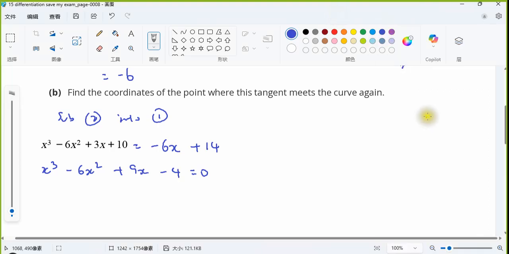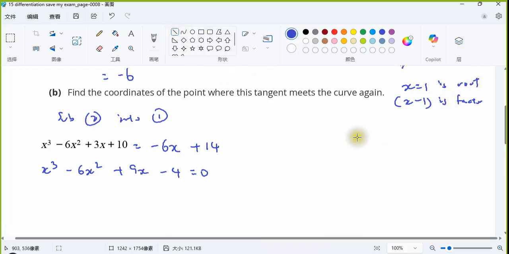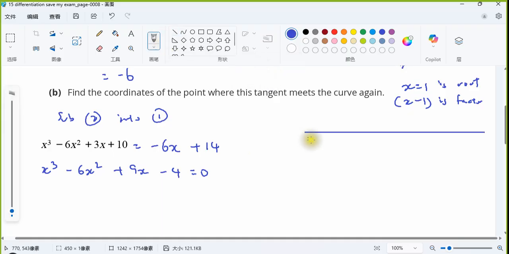So x equals 1, x minus 1 is a factor. So we do the long division to find the other roots.